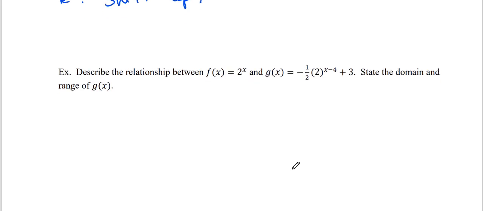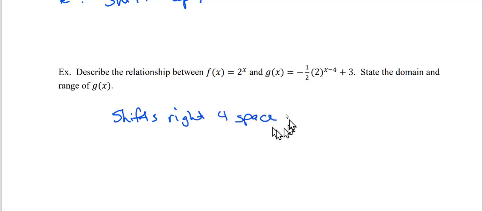I always like to follow order of operations. So think of plugging in a number for x. The first thing you would do is subtract 4. That shifts it right 4 spaces. Remember that horizontal shift is kind of the opposite of what you would expect. You think -4 would go to the left, but it's the opposite. Then the 2^(x-4), whatever that number is, is what you would do next. That is the function itself. That shows that general shape.